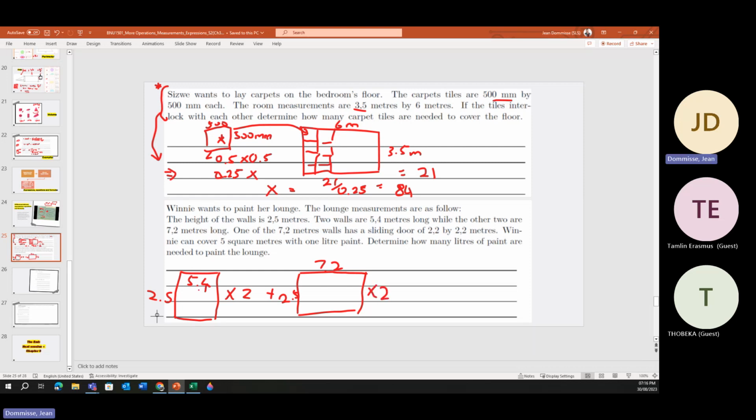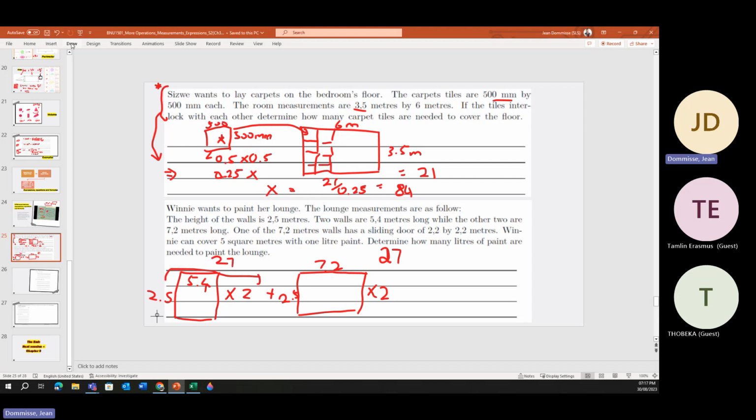Okay, so the first one, we need to calculate that area. So 2.5 times 5.4. And let me just clear my calculator. 2.5 times 5.4 is 13.5, times 2 will give me 27. So the area to cover those two is 27.